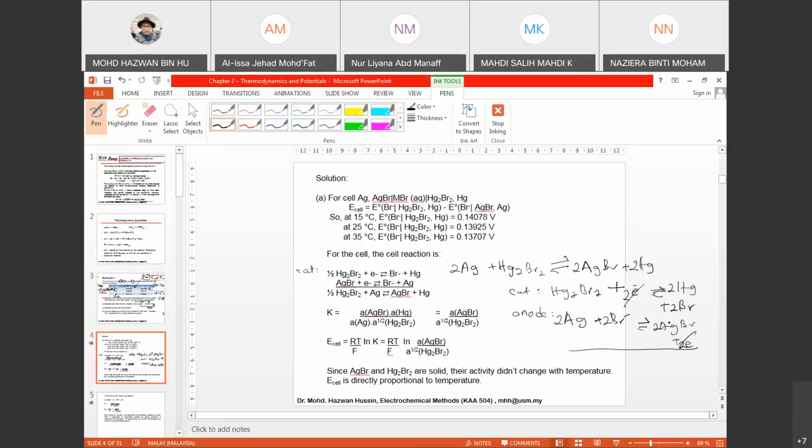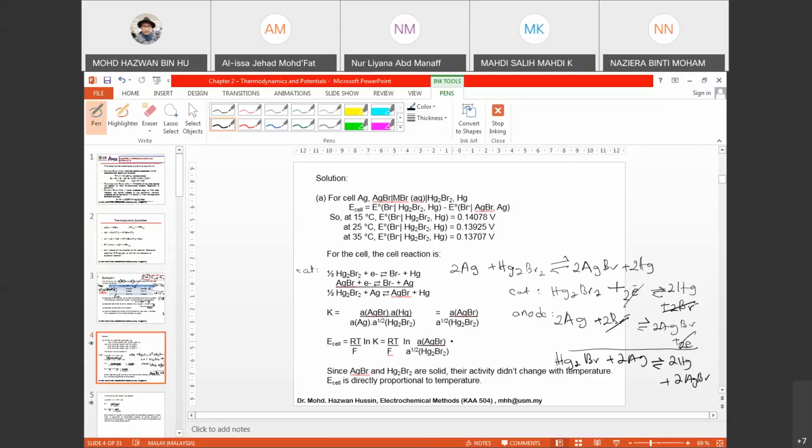The overall reaction will be Hg2Br2 plus 2Ag gives 2Hg plus 2AgBr. It's the same representation if you multiply by 2.